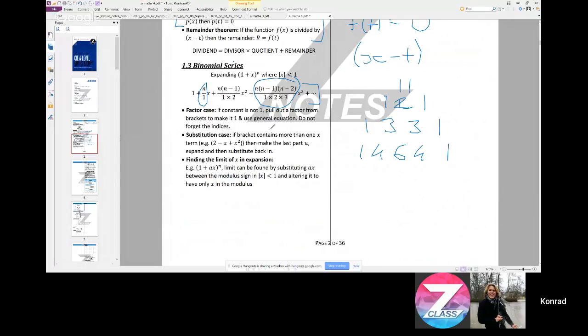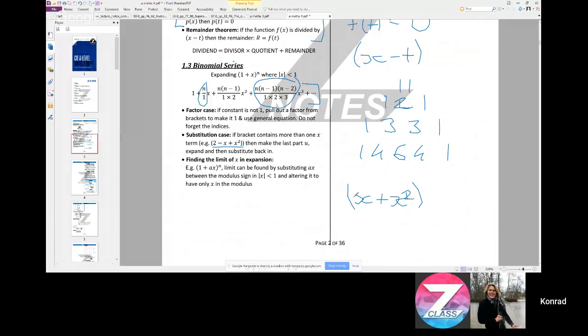Yes, and then the other thing that is worth talking about is this bit, right? So the idea of taking everything apart from 1. There is also a point to be made about what would you do if you had something like x plus x squared.